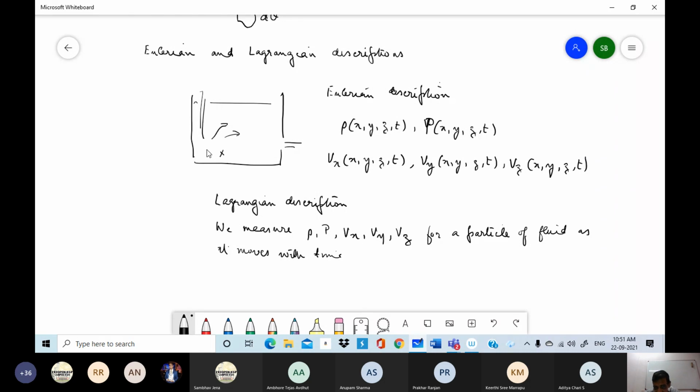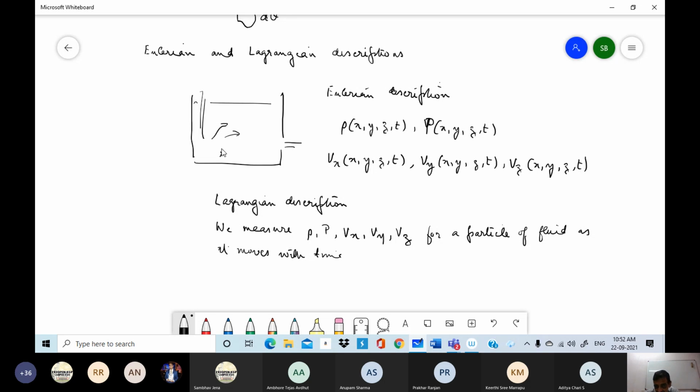In that case, the Lagrangian description will be complicated because it will come out with a velocity in a certain direction. That velocity will keep changing with time. Its position will keep changing with time. We'll have to keep track of all the possible particles which are moving in following different trajectories.